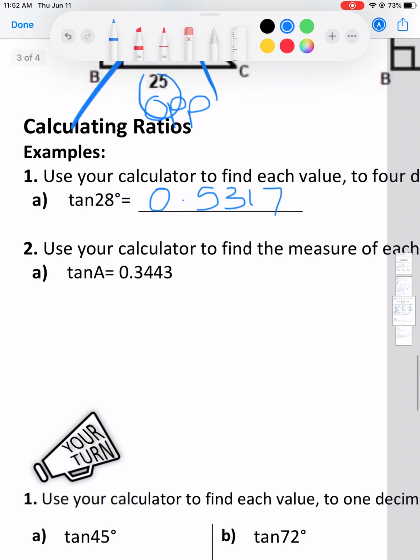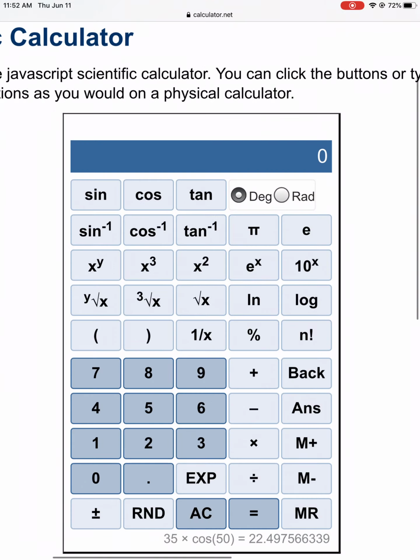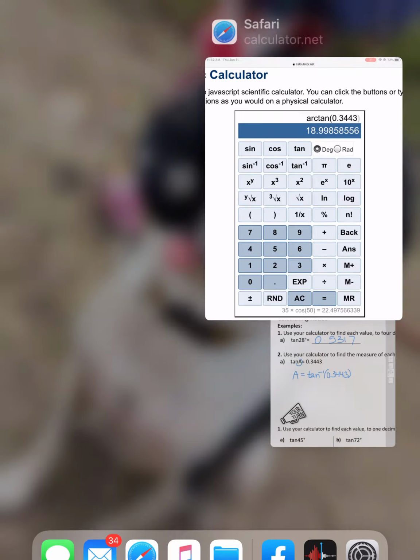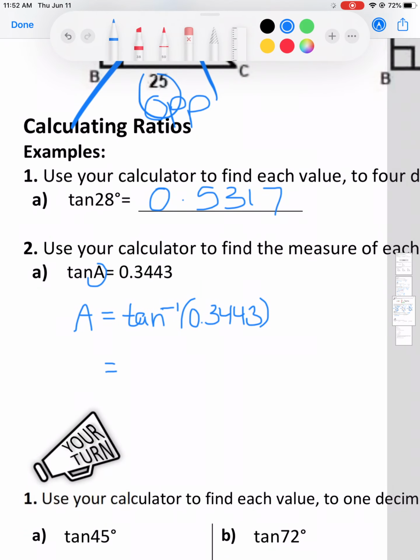Again, now we're using tan A, so we have to find this guy, meaning we need to do tan to the minus 1. So tan to the minus 1 of 0.3443 is 18.99, so we can say 19 degrees.